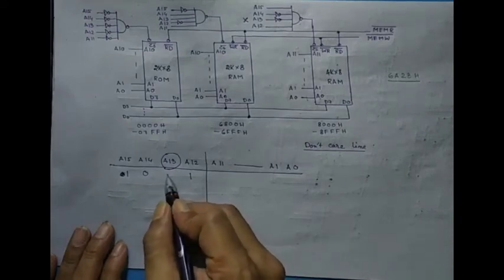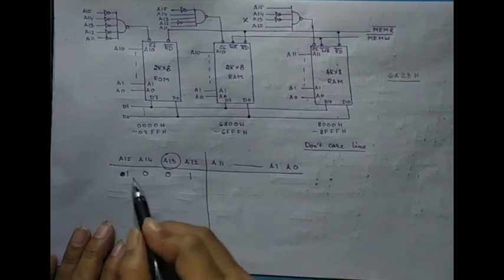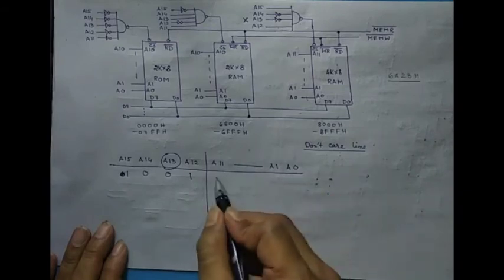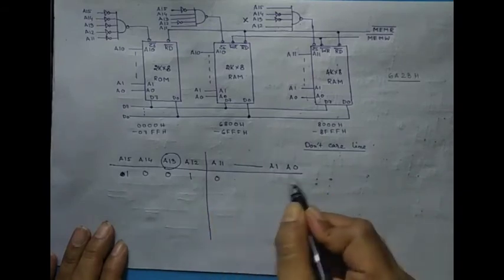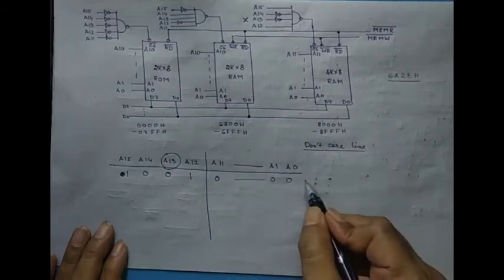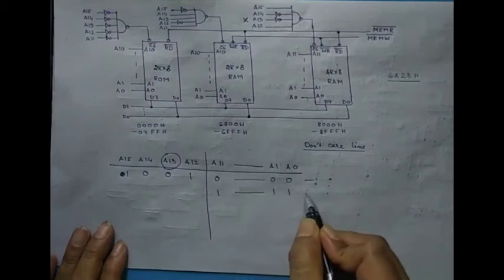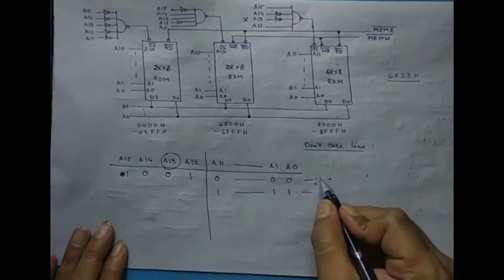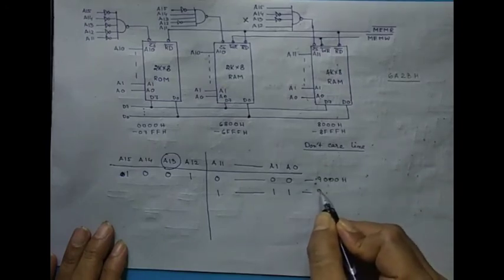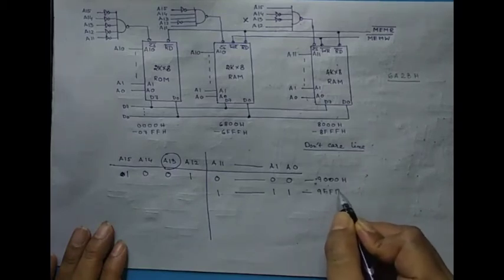If I assume that A13 is at logic 0, then I will get this bit combination for these 4 higher address lines. Then if A11 to A0 are all 0, the first location will be selected. If they are all 1, the last location will be selected, and accordingly the first location's address will be 9000 hex, and the last location's address will be 9FFF hex.